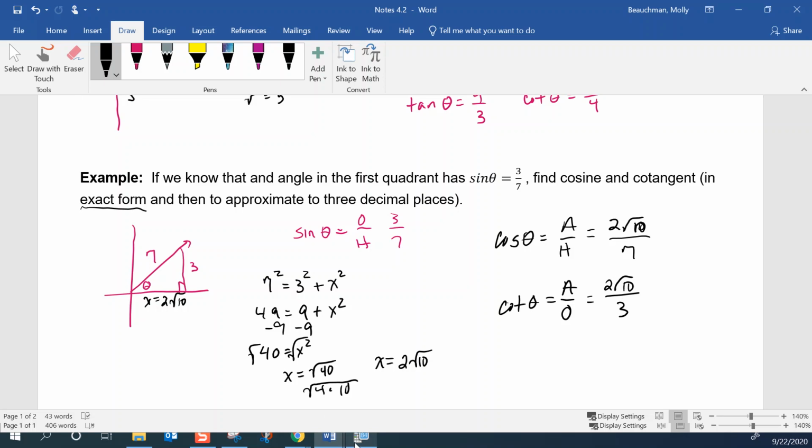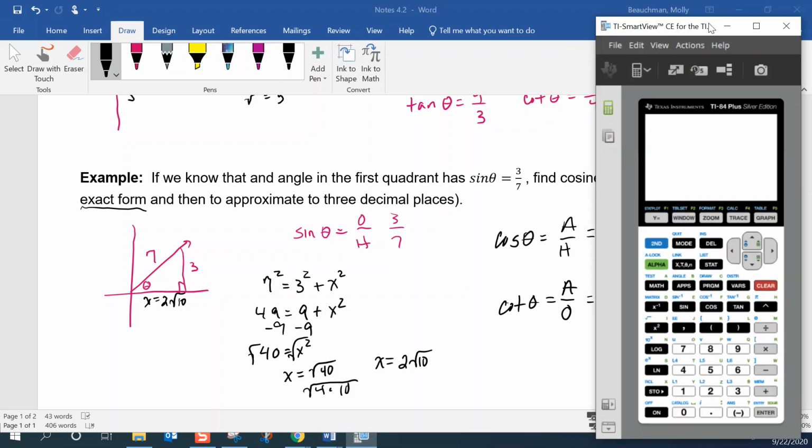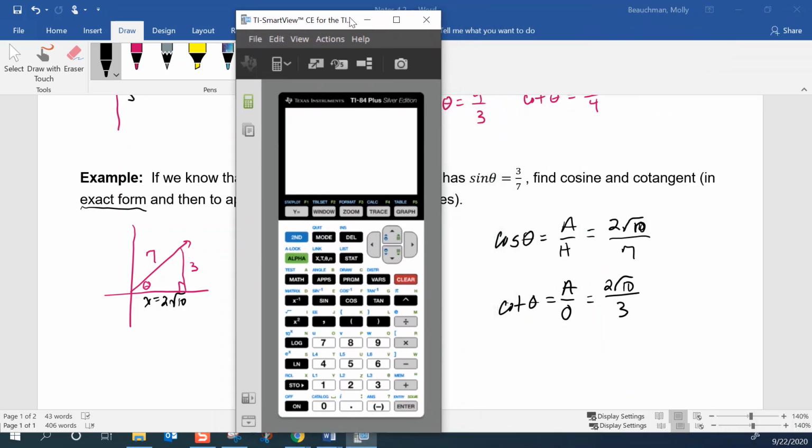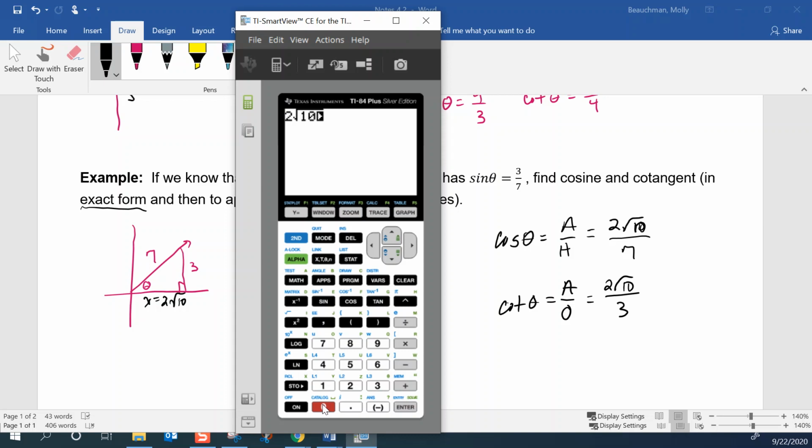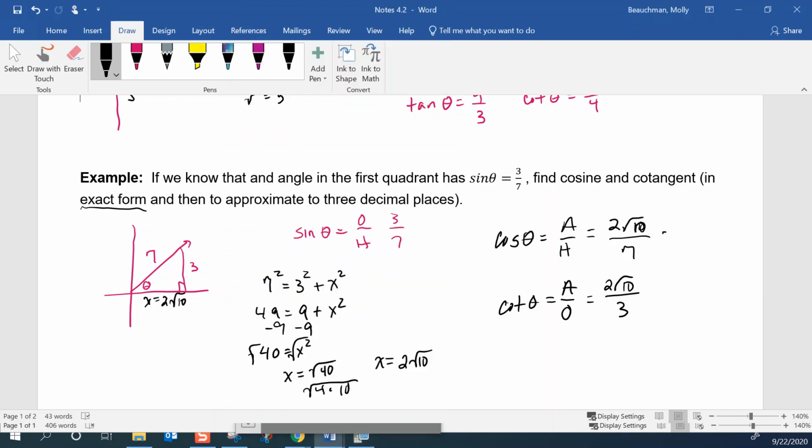If you want them in decimal form, then you bring out the calculator. And for the first, I would take 2 times the square root of 10. I'm going to make sure that I hit the arrow key so I'm not square rooting the 7, divided by 7. Hit enter. So that's approximately 0.904.